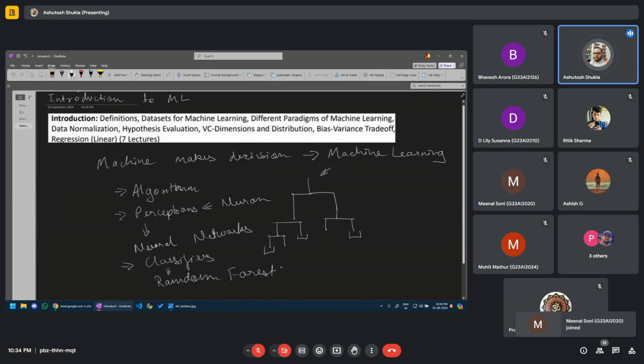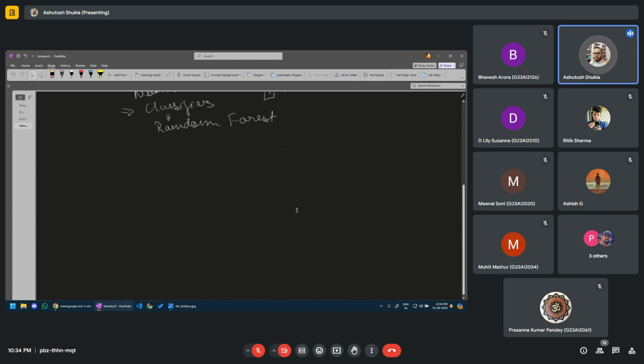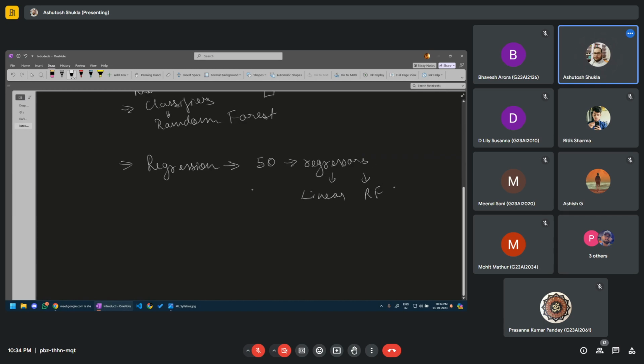There are also some problems which are very linear, even though they have a lot of decisions to be made, and they can be solved with regression as well. There are at least 50 different regressors. I could just name two of them for you, easy ones: linear regressor, and random forest regressor as well.